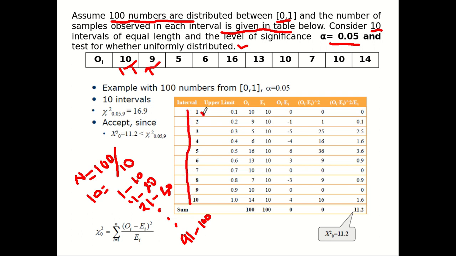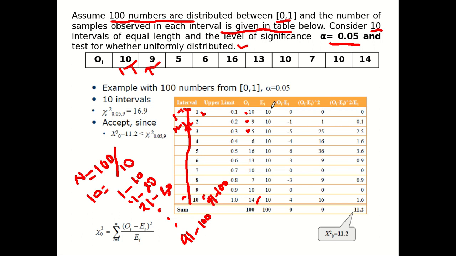The first interval is 1 to 10, the second interval is 11 to 20, and so on, and the last interval is 91 to 100. Here are the observed values: 10 values in the first interval, 9 in the second, 5 in the third, and so on, up to 14 values from the 100 sample size for the last interval.